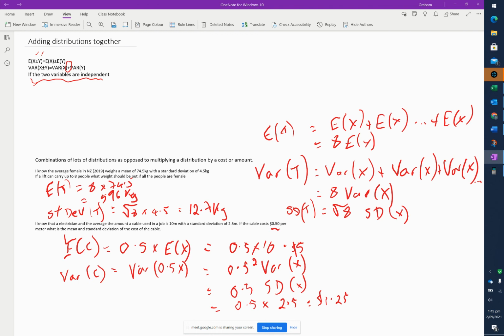Those are two very different things. So you've just got to be aware of those to make sure you get those covered.